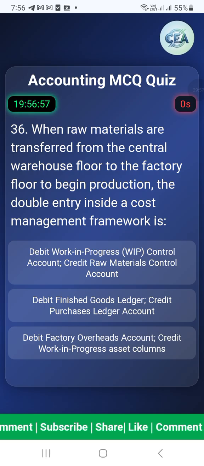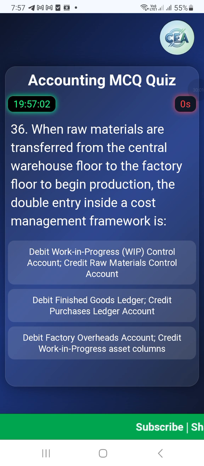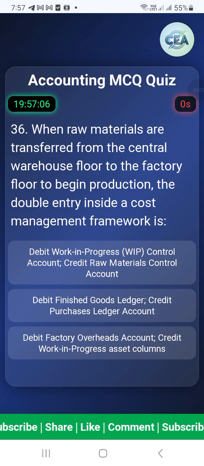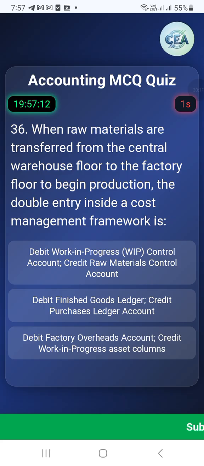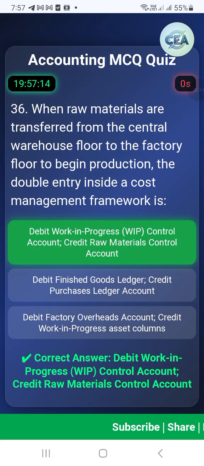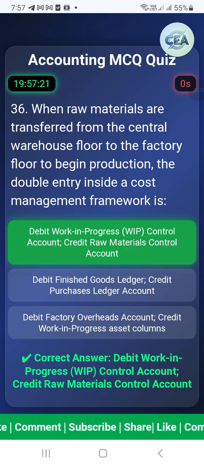Debit finished goods ledger, credit purchases ledger account. Option 3. Debit factory overheads account, credit work in progress asset columns. Correct answer is debit work in progress WIP control account, credit raw materials control account.